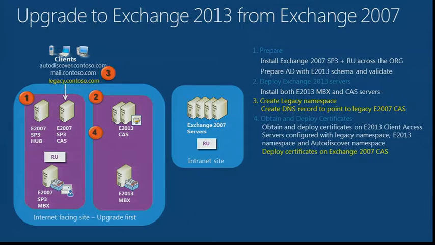Then you'll do the certificates, and here again, it's going to be a very similar process, but unfortunately, because you're adding a legacy namespace, that means you need to go to your certificate provider and ask them to issue you a new certificate that has that new name. Now, some certificate providers are actually pretty good about that. They'll recognize that you've purchased a certificate from them and you're asking for a minor change, so they may not charge you the full price to reissue you a new certificate.